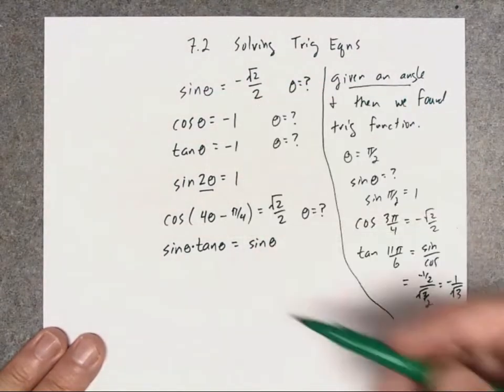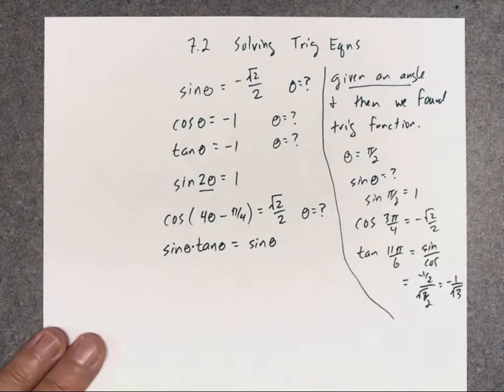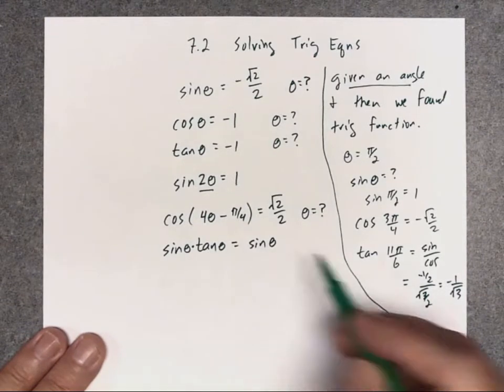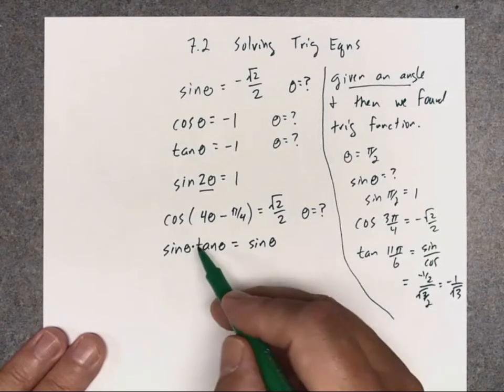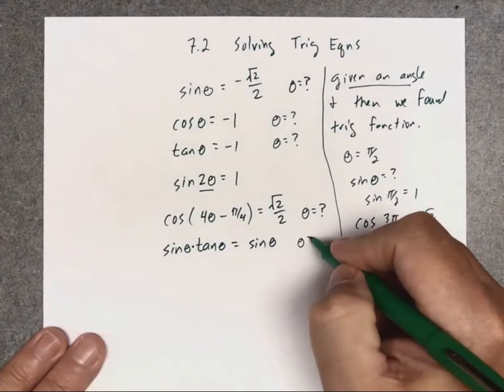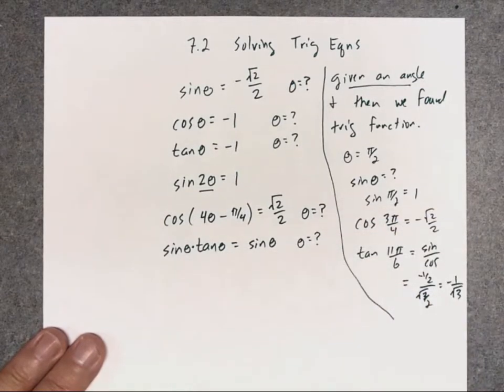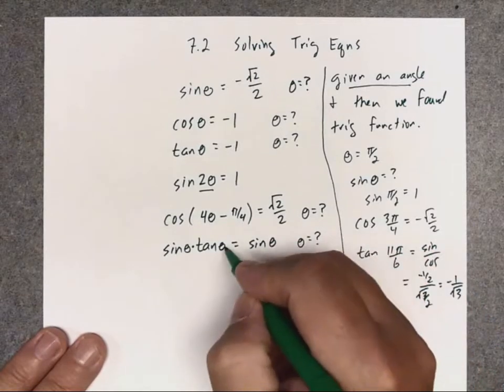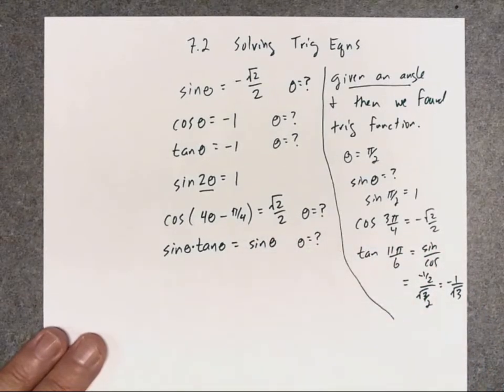Up until now, we've only had equations with one trig function. Now, if I look at this one, I actually have 3 trig functions. Of course, they all have a theta inside. Eventually, we're going to solve that equation for theta. In other words, let's find an angle that when I put that angle in for these 3 thetas, the equation works.